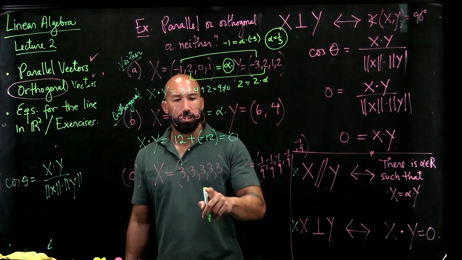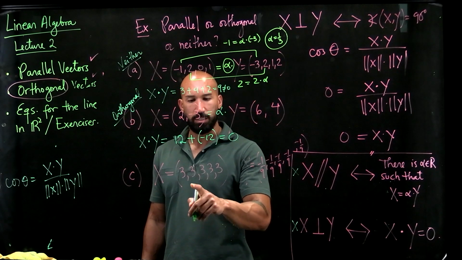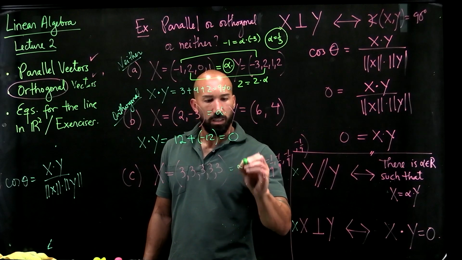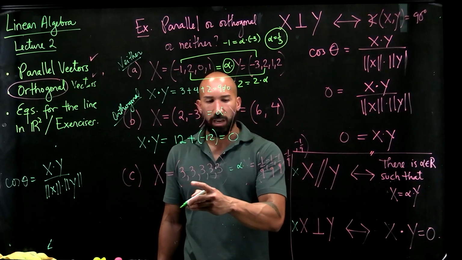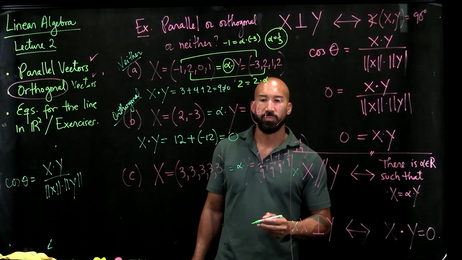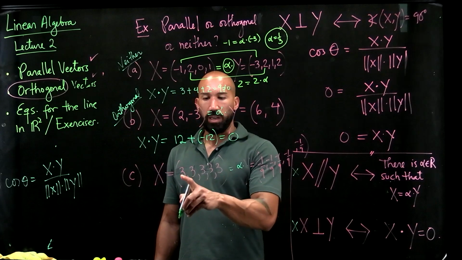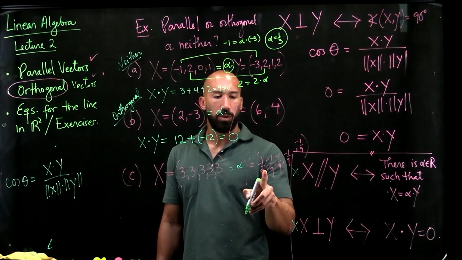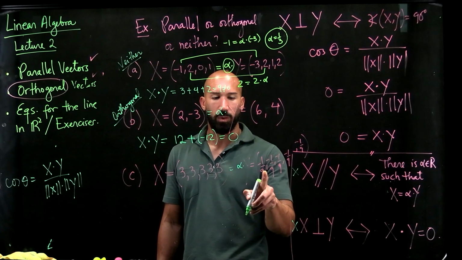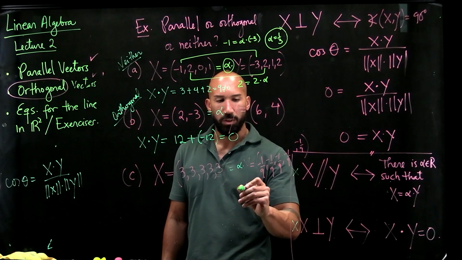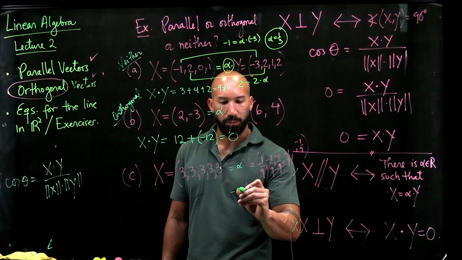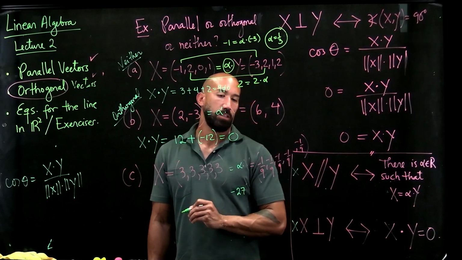And, in the last case, let's see. Is there any alpha that multiplied by y gives us x? Okay. Well, what is the number that we need here to get through here? The alpha that we need here is going to be negative 27.